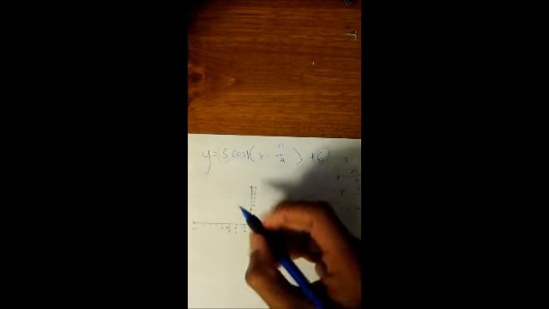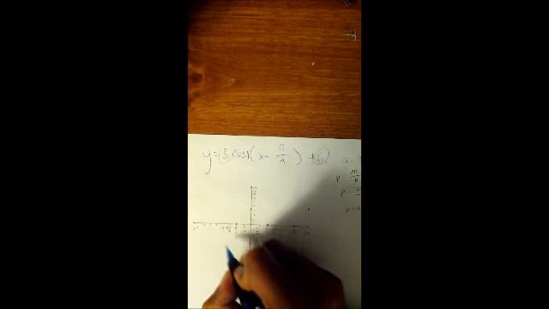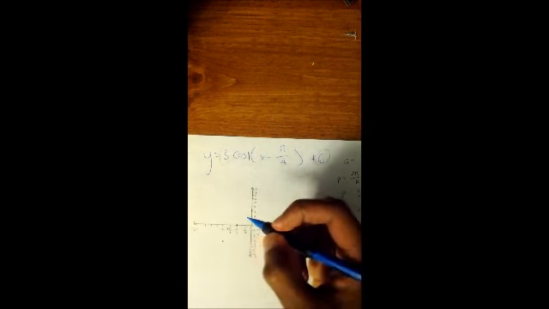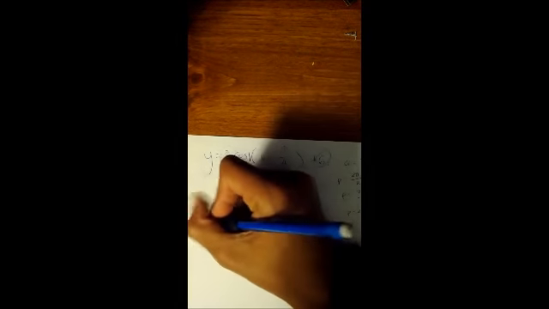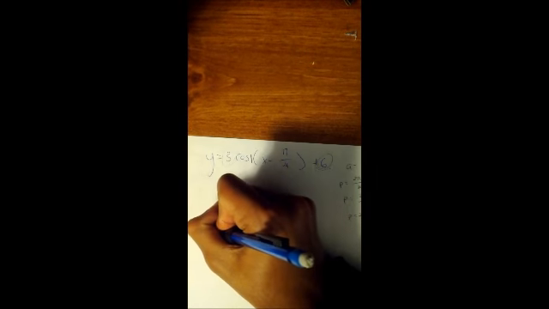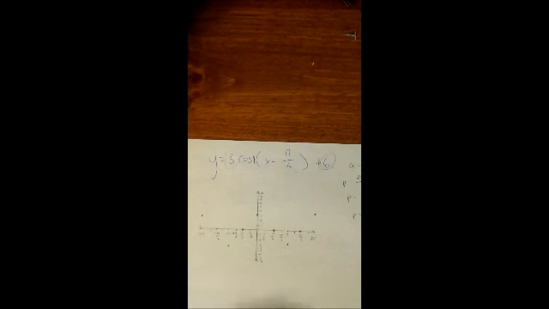Our next points would be at (negative pi over 2, 0), (negative pi, negative 3), (negative 3 pi over 2, 0), and negative 2 pi, 3 again. So to determine if this graph is correct, we can look at some hints.